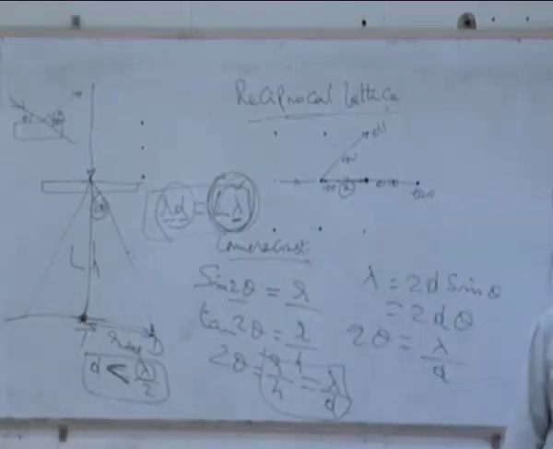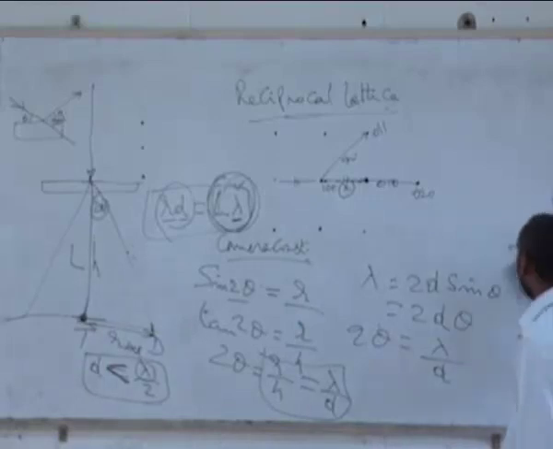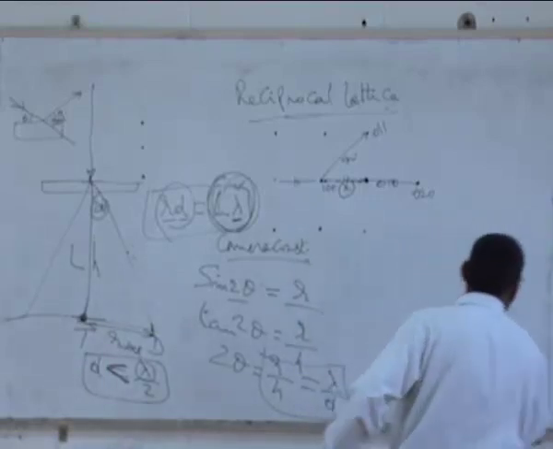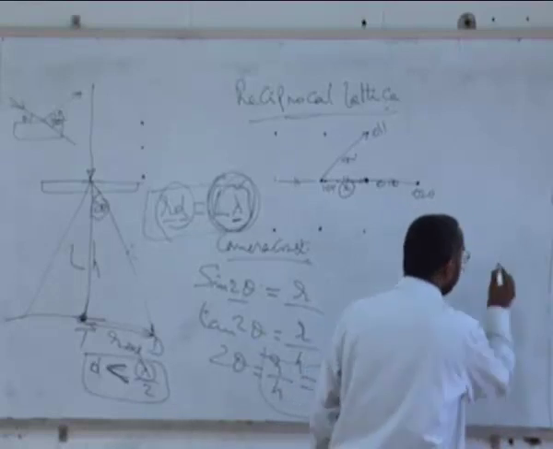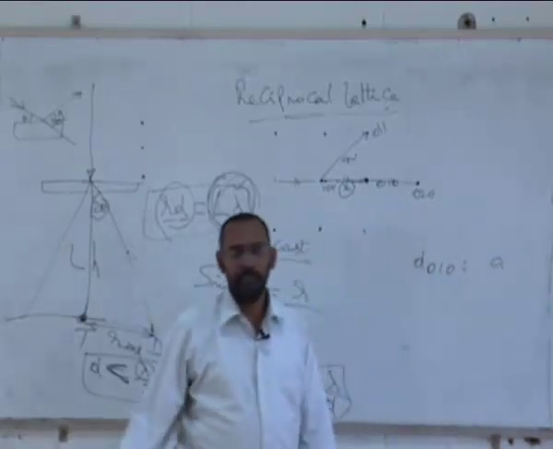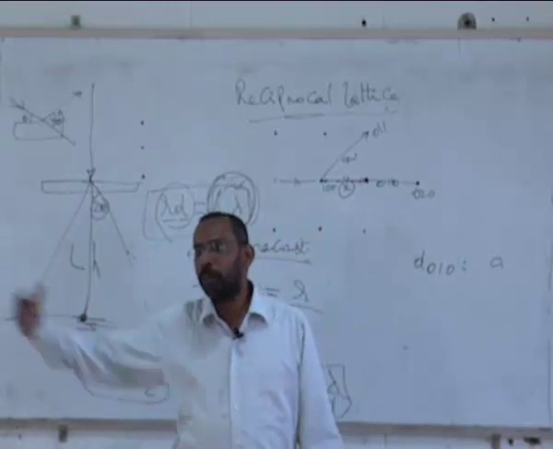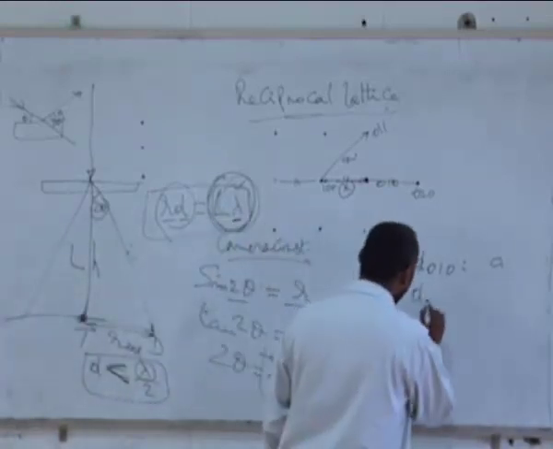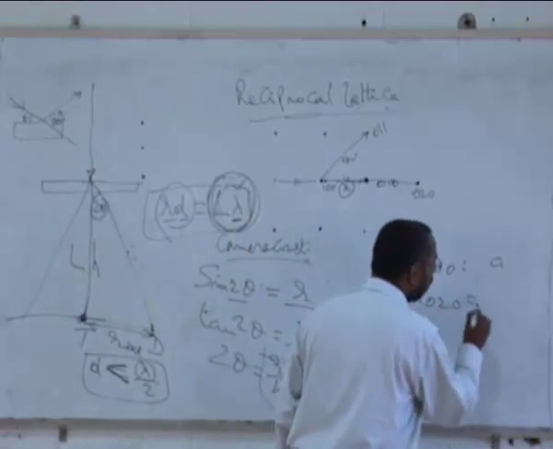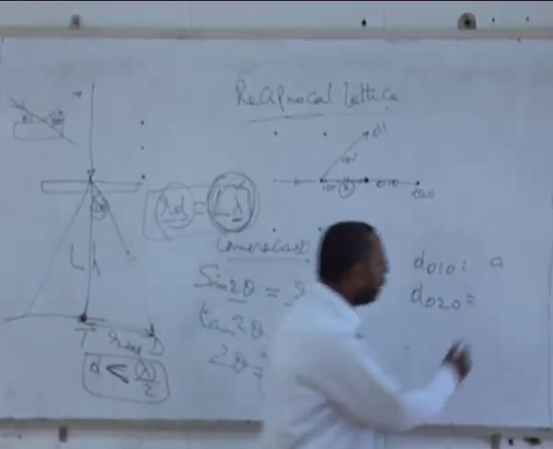Right? Usually in my actual d spacing calculations, d of 0, 1, 0 is A. Because A by square root of h square plus k square plus l square, if I put it, I will get it as A. Whereas d of 0, 2, 0 is what? A by 2.